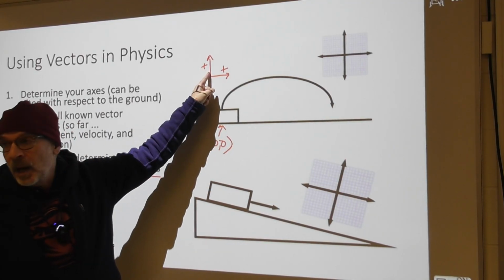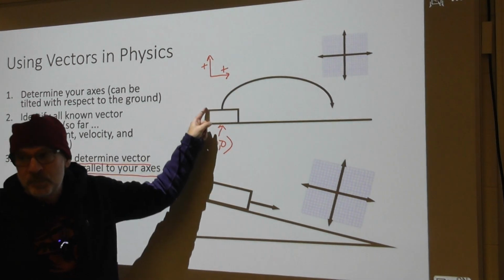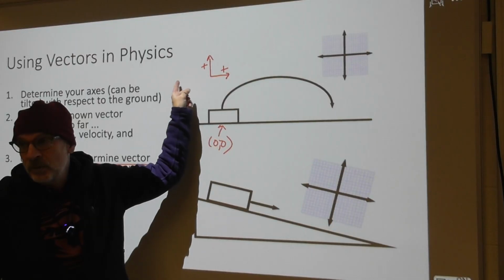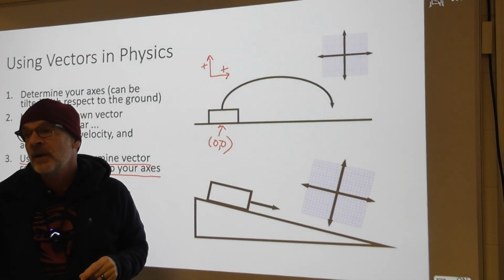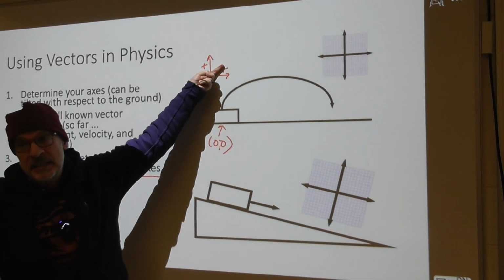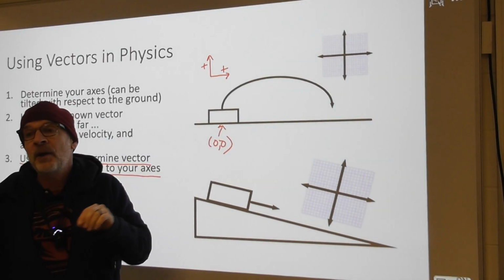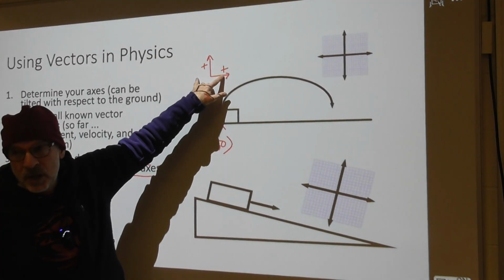It's not moving straight up, so its initial velocity isn't purely in the y dimension, and it's not just moving to the left or the right, so its velocity isn't purely in the x direction either. Its velocity is at an angle to both of our axes, which means to use it, we need to figure out how much of that quantity is vertical and how much is horizontal.